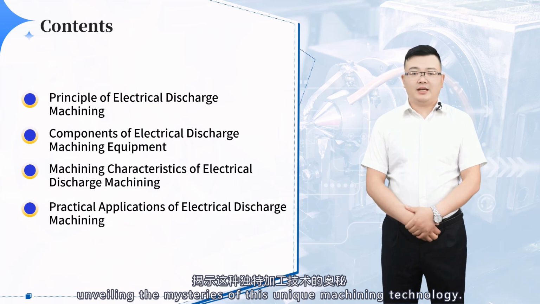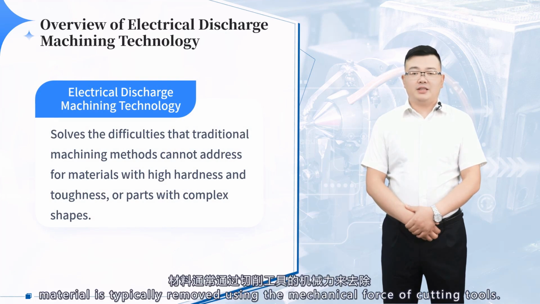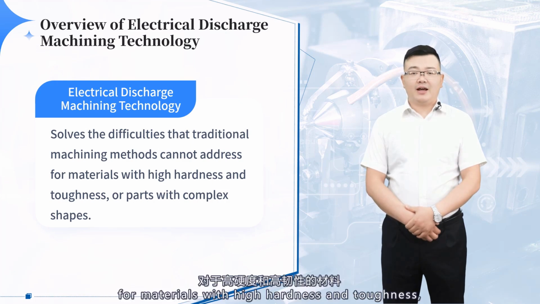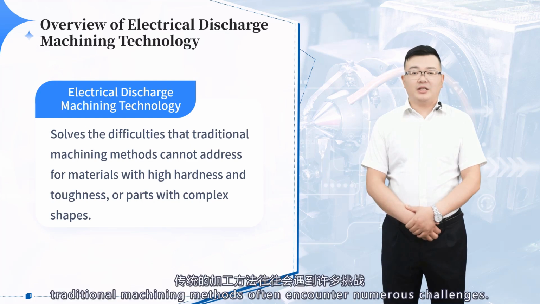unique machining technology. In traditional metal cutting processes, material is typically removed using the mechanical force of cutting tools. However, for materials with high hardness and toughness, or for parts with complex shapes, traditional machining methods often encounter numerous challenges.